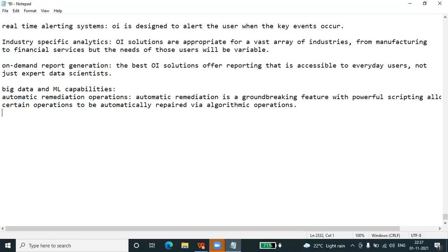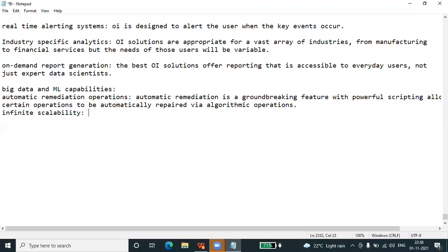Then infinite scalability. Data storage and processing needs are expanding exponentially, and an operational intelligence solution needs to be able to keep up with it to be of any use.